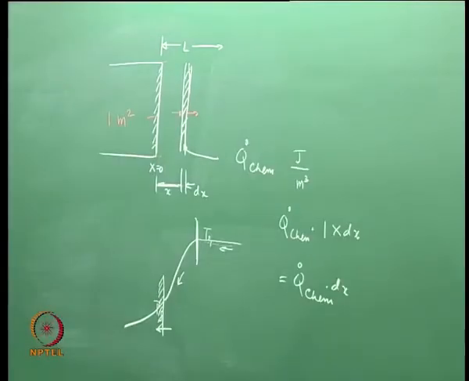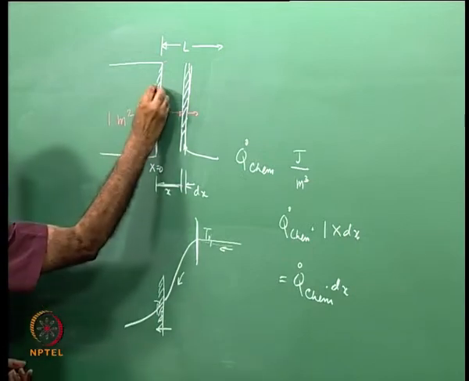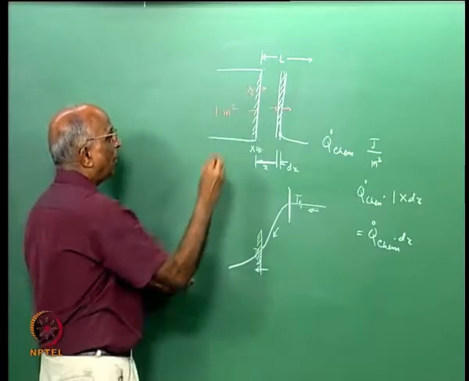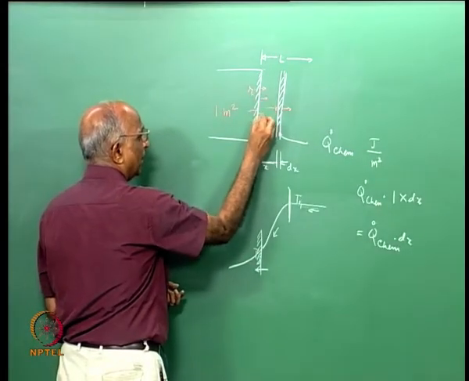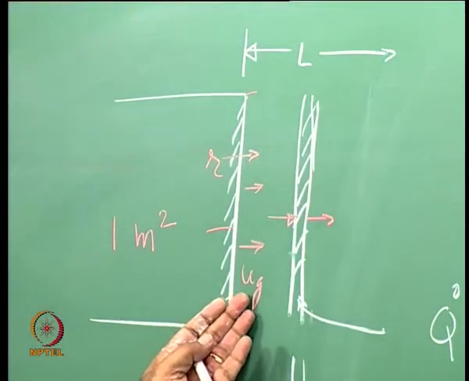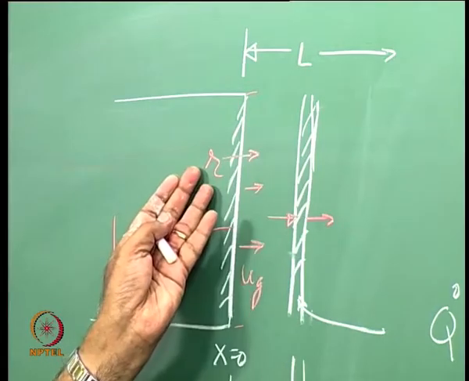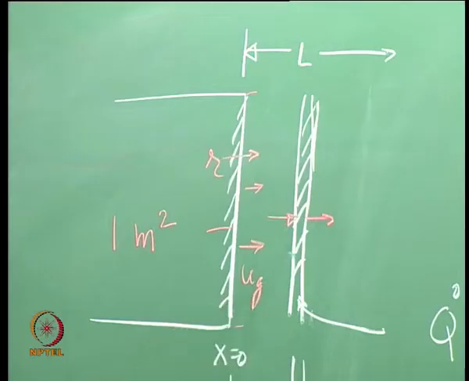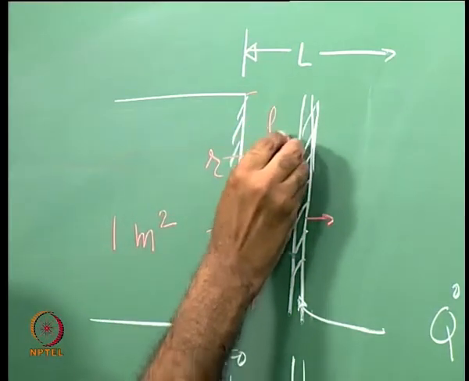Is there anything else I have to consider in a heat balance? We are telling ourselves, well, the propellant is burning, consider this surface to be the frame of reference. With respect to this surface, propellant is burning, let us say at a value R. What happens when the propellant burns, hot gases are getting generated, let the gas move at a velocity ug, and this ug will be different from R because R is for a solid, ug is for a gas. Let the mean density of the gases here be rho g.